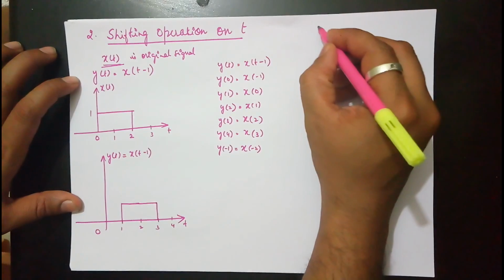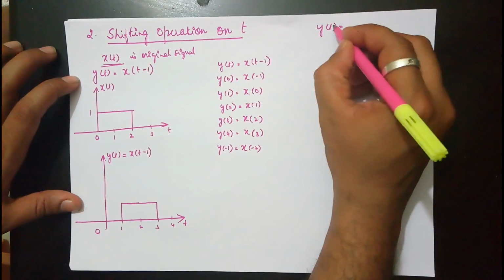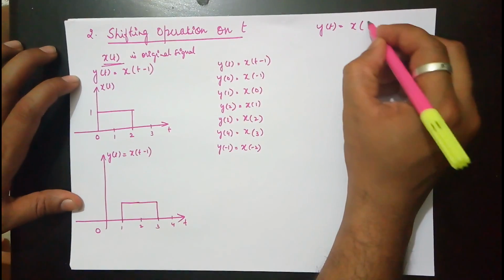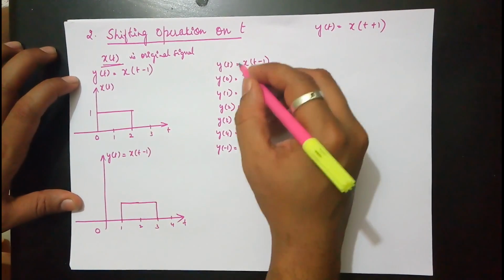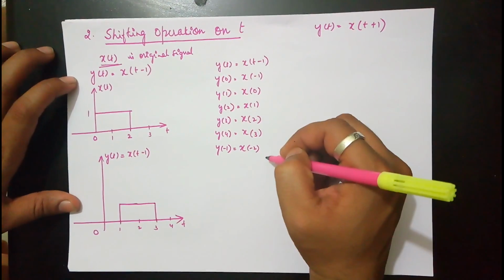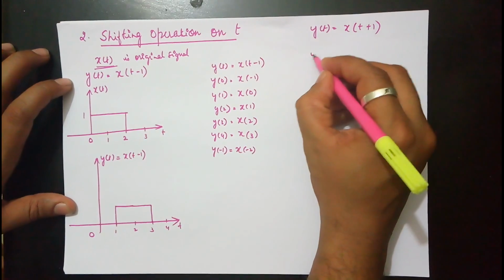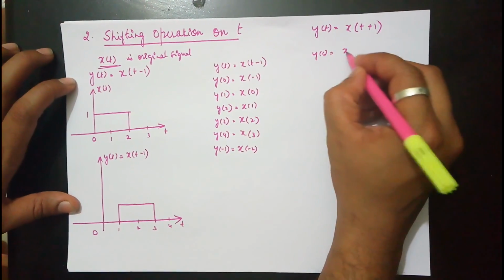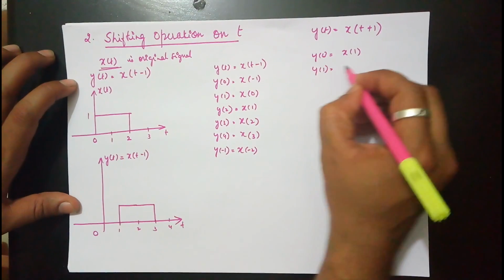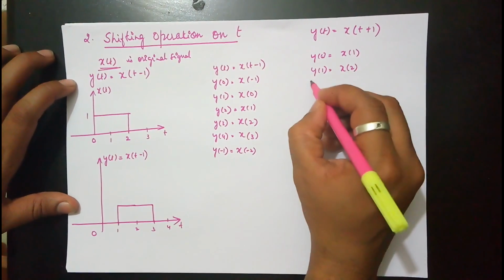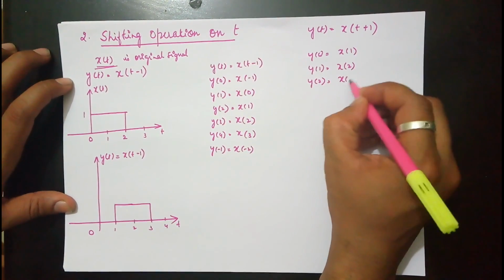Now similarly, if I take an example of y of t is equal to x of t plus 1, and I go on putting the values as I have done here, y of 0 will be x of 1 because t will be 0, y of 1 will be x of 2, y of 2 will be x of 3.